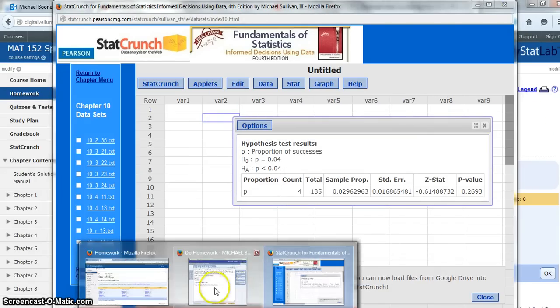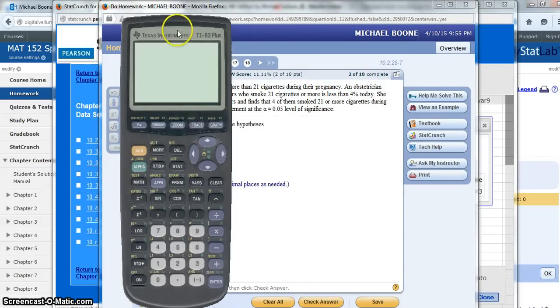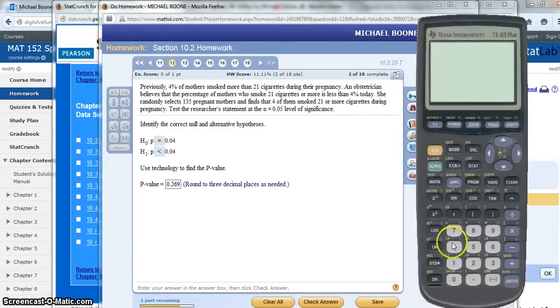Interesting. Whenever this happens to me, I kind of go back and look at, does it satisfy that n times p times 1 minus p has to be greater than or equal to 10? If it doesn't, we may have to do something else. So let's see.